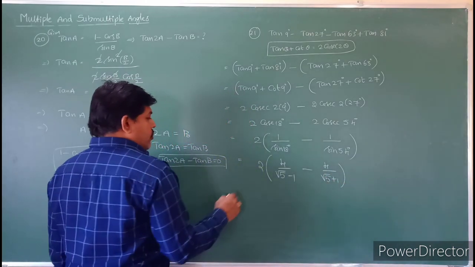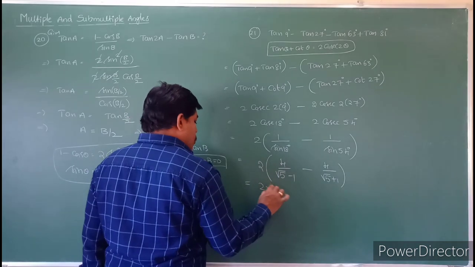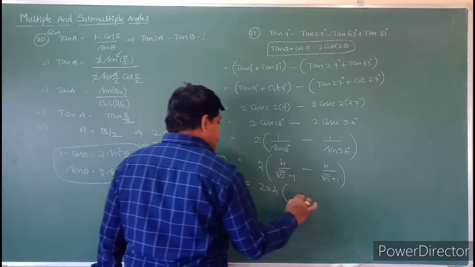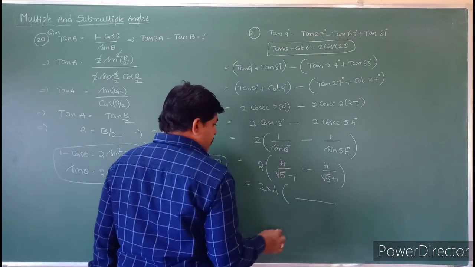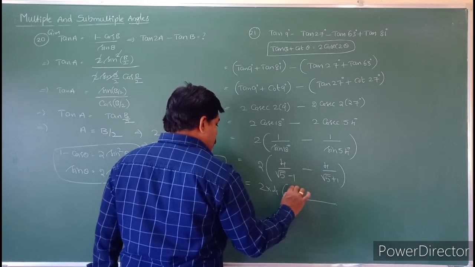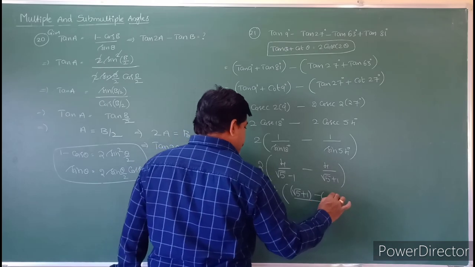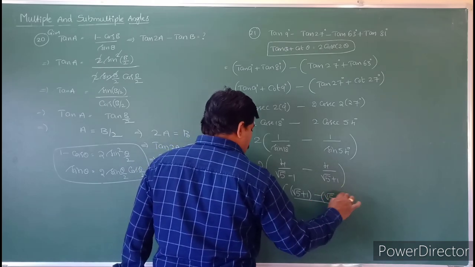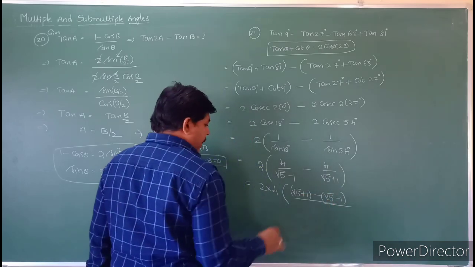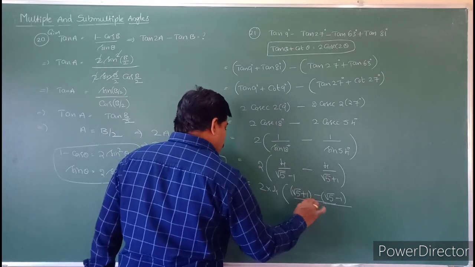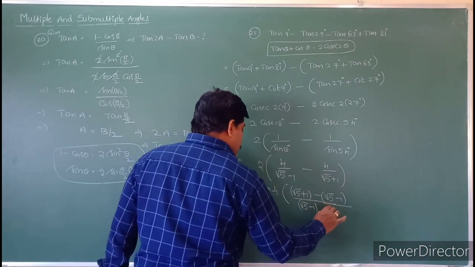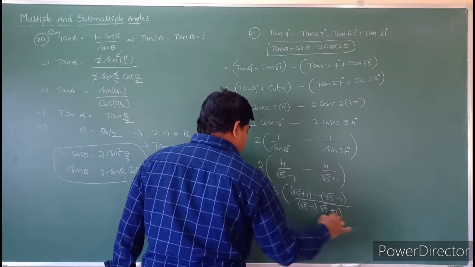So you can take the 4 also common, 2 into 4, and take the LCM, root 5 minus 1 into root 5 plus 1. So you will get root 5 plus 1 minus root 5 minus 1 by root 5 minus 1 into root 5 plus 1.